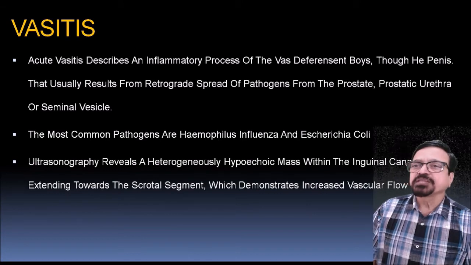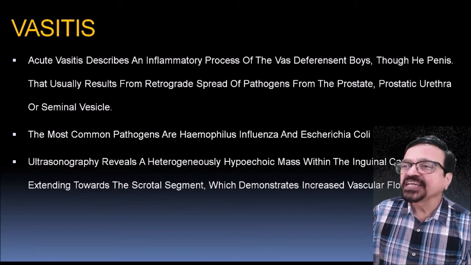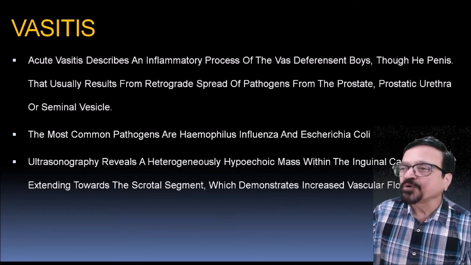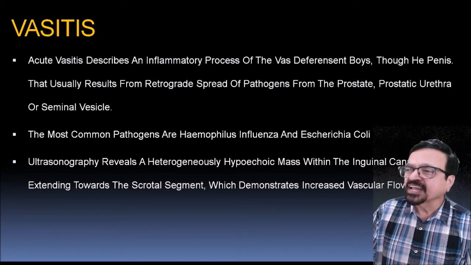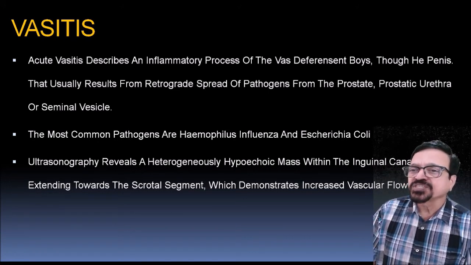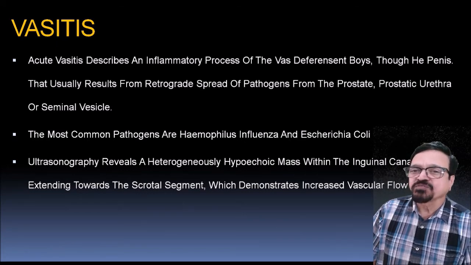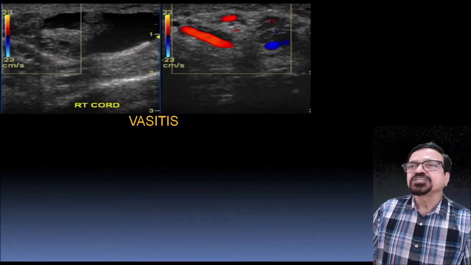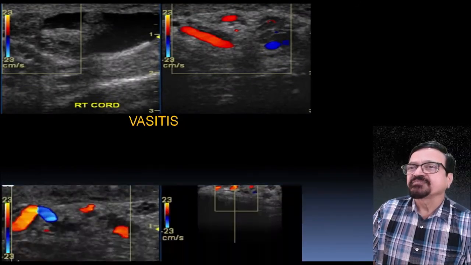The most common pathogens are Haemophilus influenzae and Escherichia coli. Ultrasonography reveals a heterogeneously hypoechoic mass within the inguinal canal, possibly extending towards the scrotal segment, with increased vascular flow. Now, these are the images of vasitis.